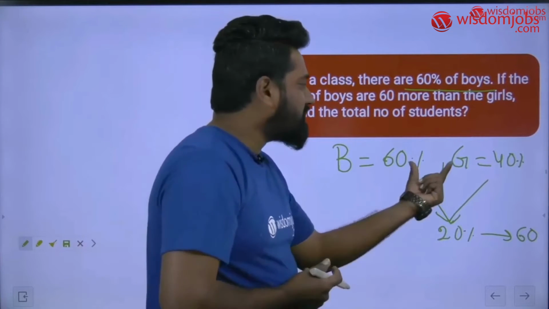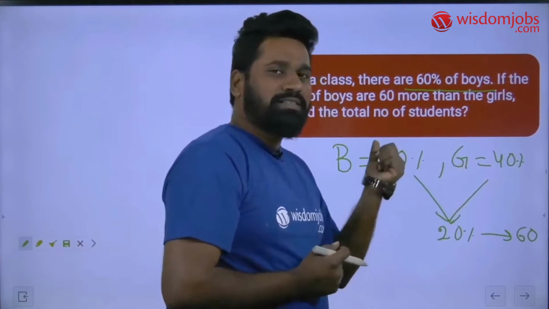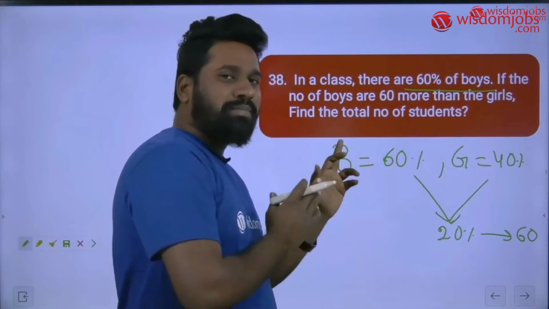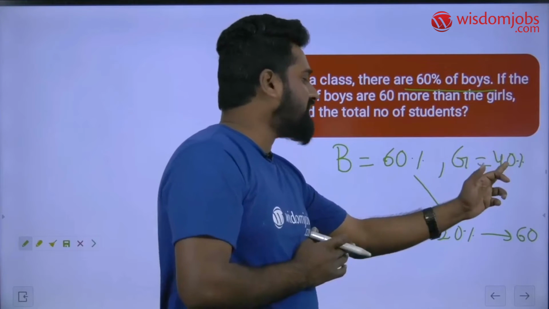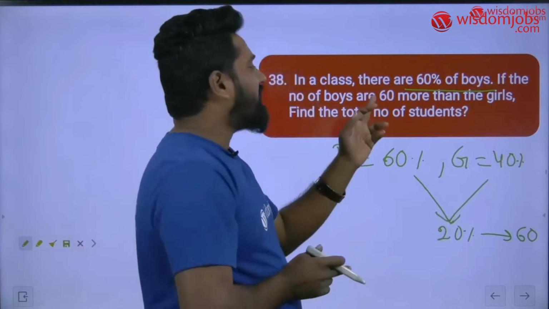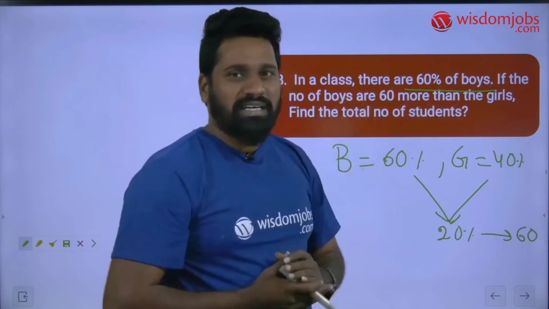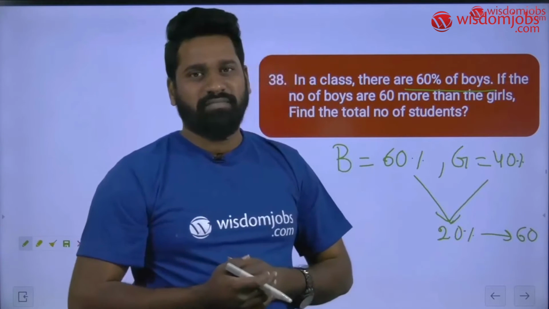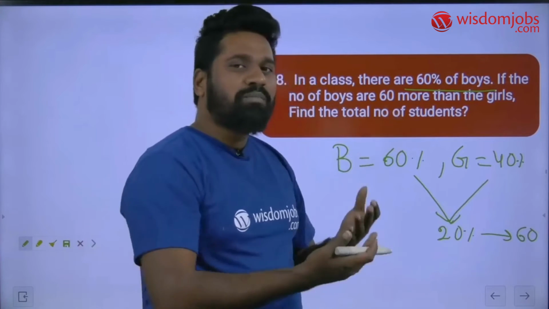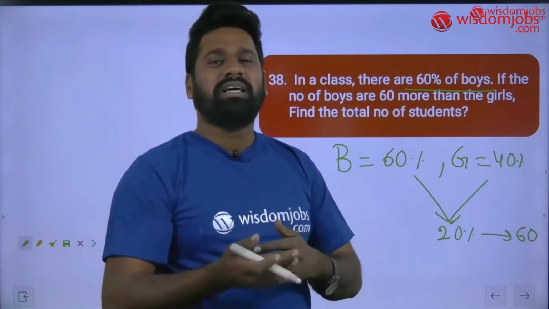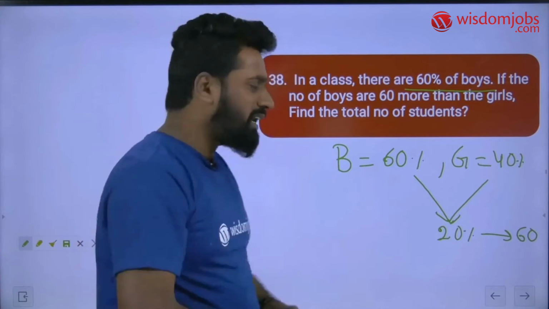Because this is in terms of percentage, the percentage of boys more than the girls is 20%. In terms of number, 60 boys are more than the girls. So this difference indicates this difference, because '60 more than the girls' is just the difference between the number of boys and girls. Is it clear, all of you?